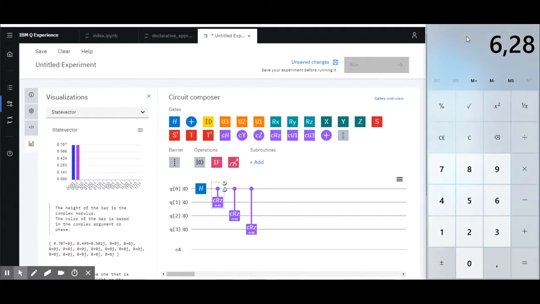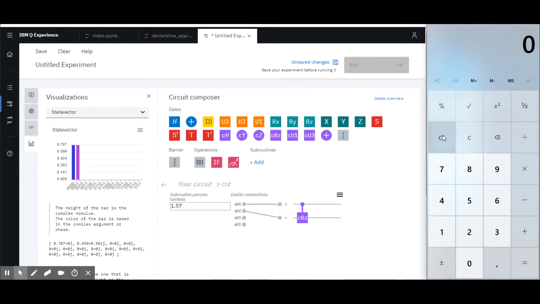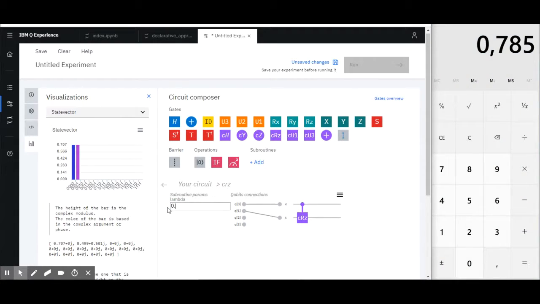Maybe. So what if I do the halves of this? Because this 4 times pi is what confuses me. So 157 divided by 2 is 0.78, 0.75.